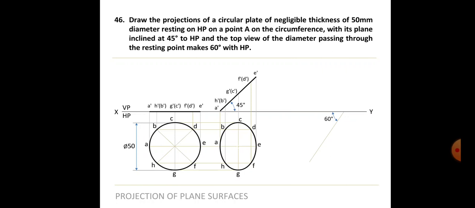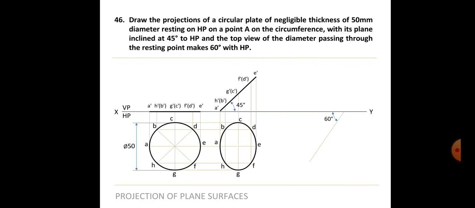So you may have a doubt here. Should we be drawing the locus? Will there be an apparent angle? Will there be beta? Because usually, when we say that the inclination to VP and the length of the diameter changes, we have to draw the locus or we get the beta angle.